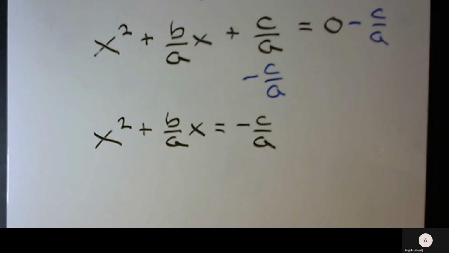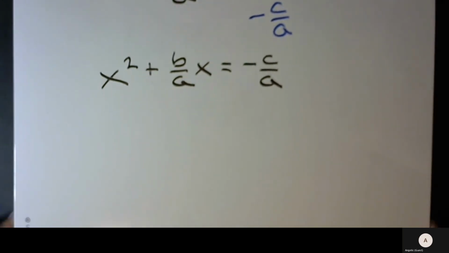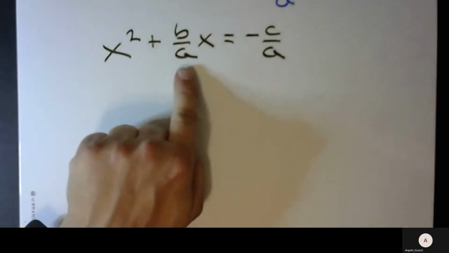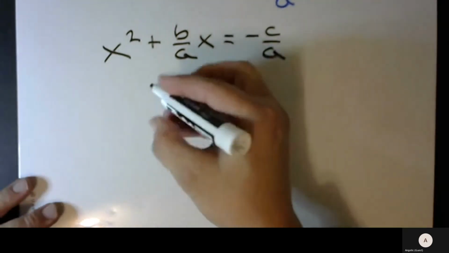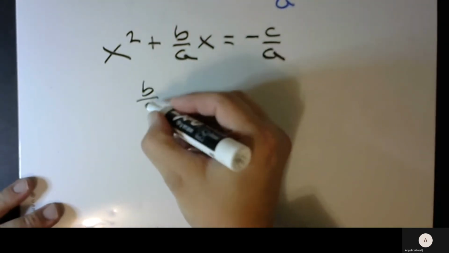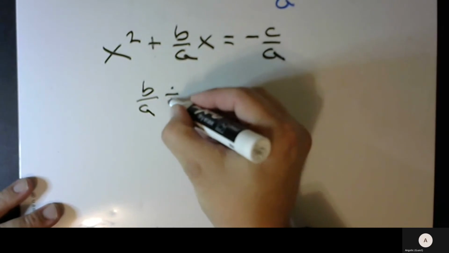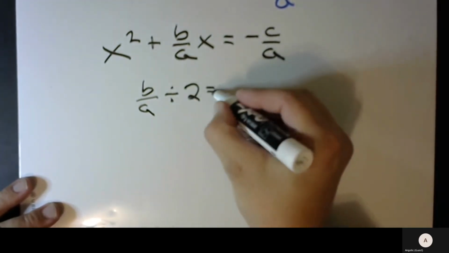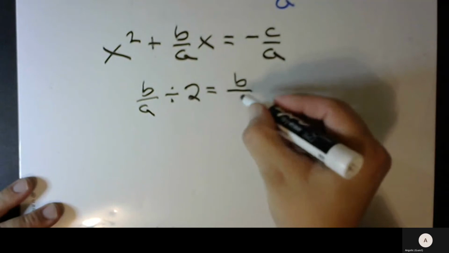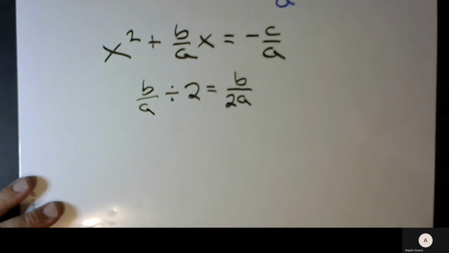Now, the next thing we're going to do, once we get this, we've divided by a, and we subtracted c over a from both sides. We're going to do something called completing the square. So to complete the square, and this is kind of an advanced algebra trick, we're going to take this, divide it by 2, and we're going to get b over 2a.